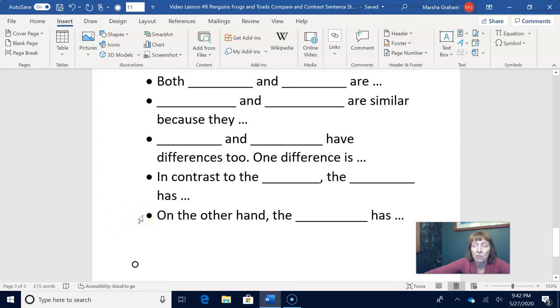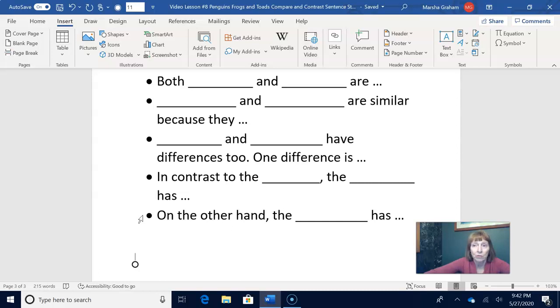Our last contrasting statement we might want to make is frogs can live high up in trees. On the other hand, penguins cannot live high up in trees. So these are some examples of contrasting and comparing statements that we can make to broaden our information and our knowledge about one topic to learn about more topics and more of the animal kingdom.